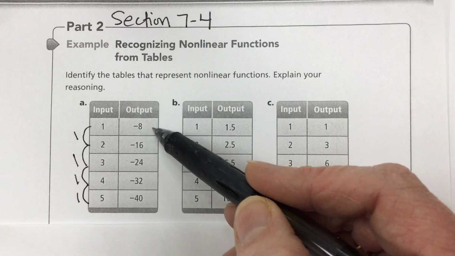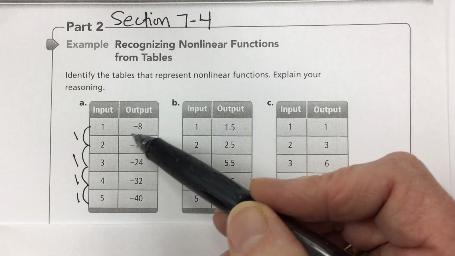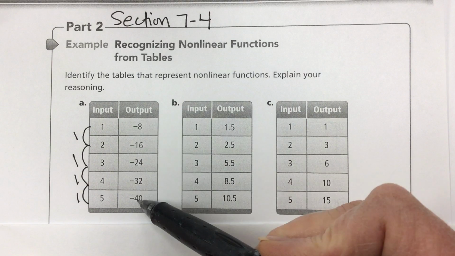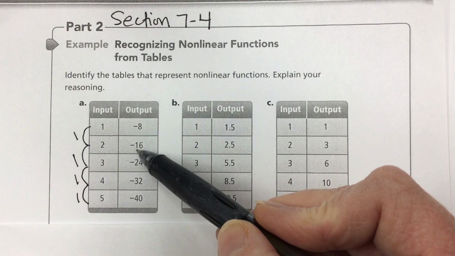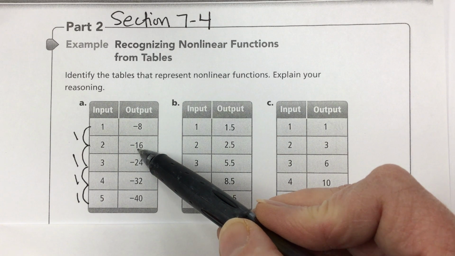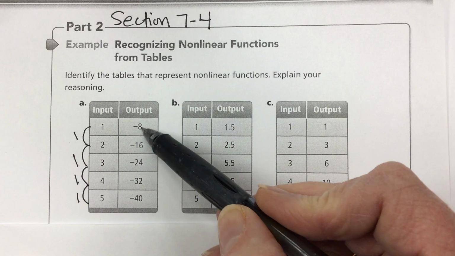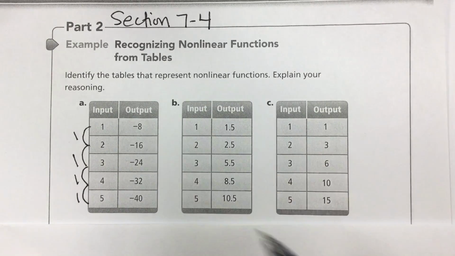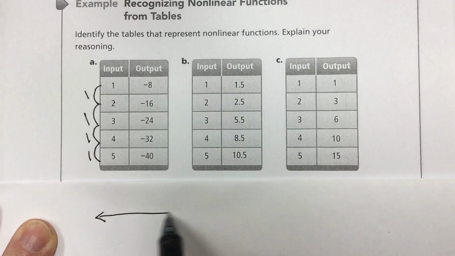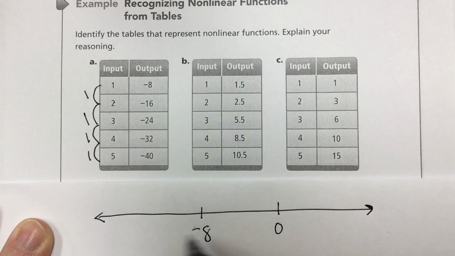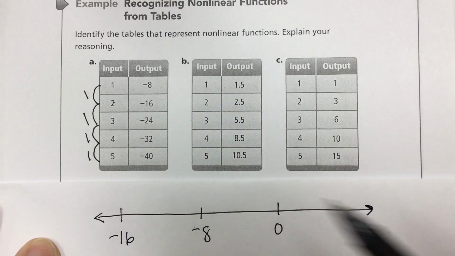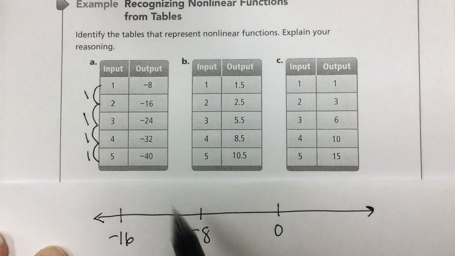All right, let's see if the change is constant in your output. So to go from -8 to -16, you see that we're decreasing. If you think on a number line, here's 0, here's -8, here's -16. So you see that you're getting smaller.